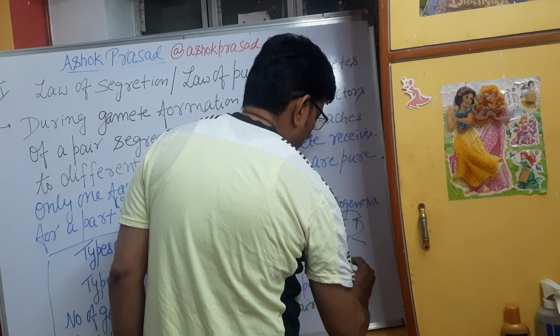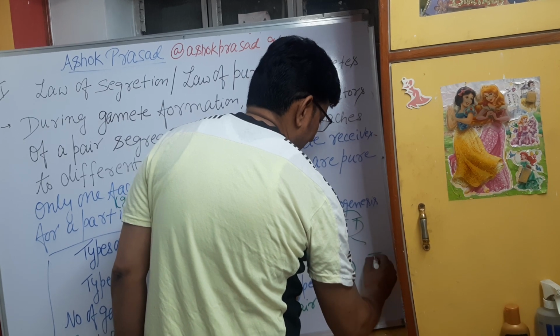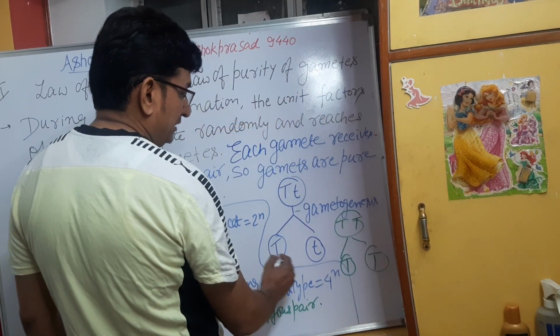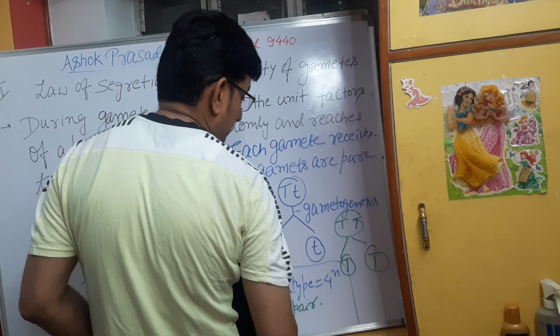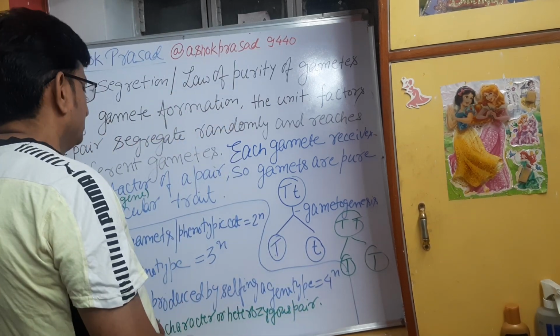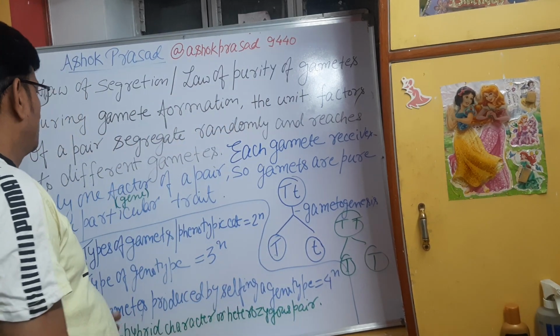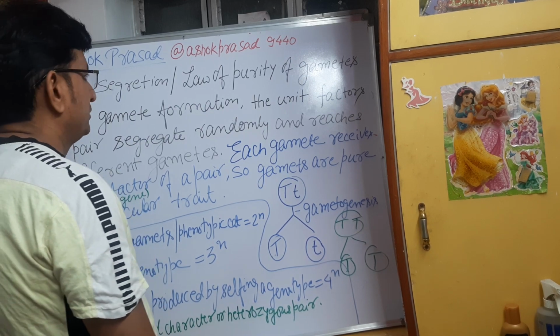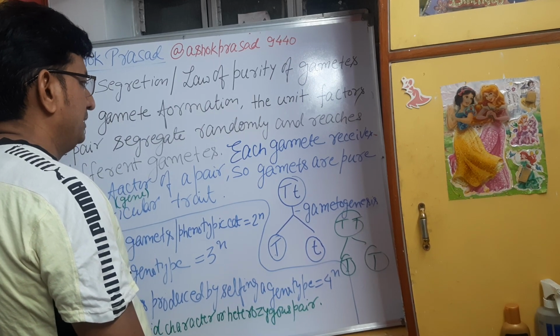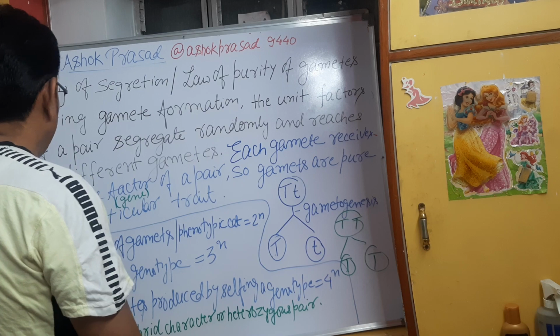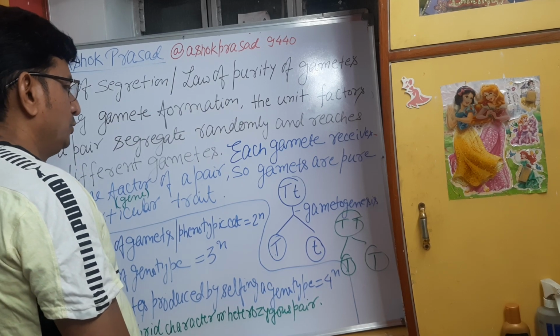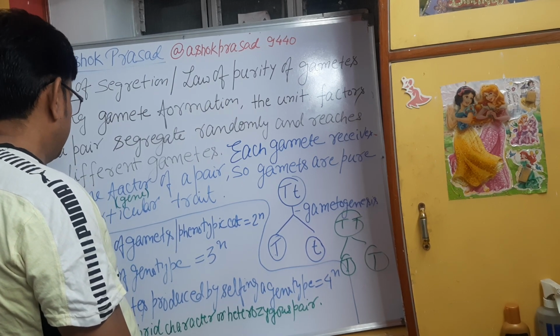Here also they will separate, one T. Now this T can meet with this one or this one. This is random. Now so in short we can say that law of segregation or law of purity of gametes: each gamete receives only one factor of a pair, so gametes are pure for a particular trait.